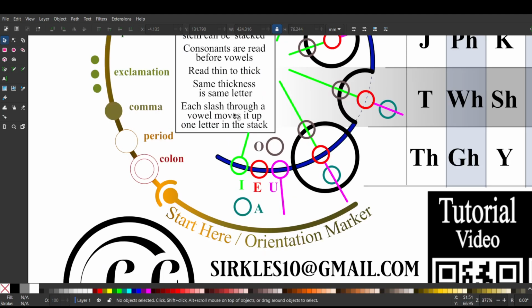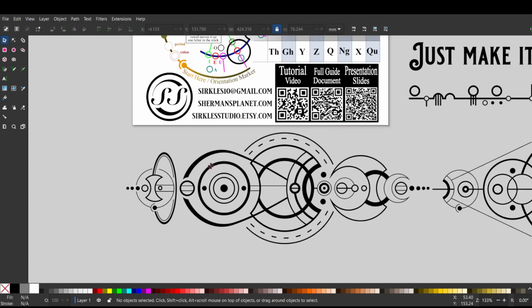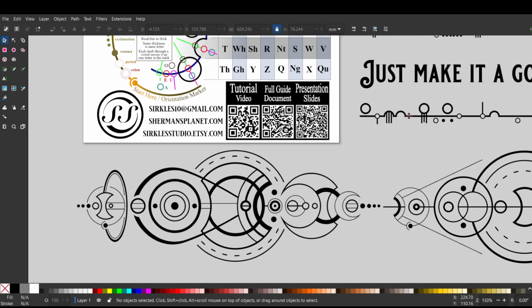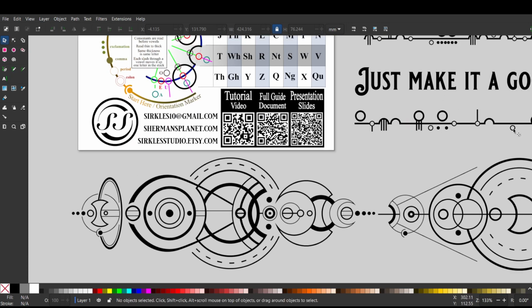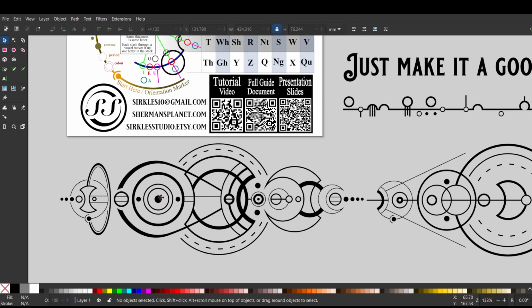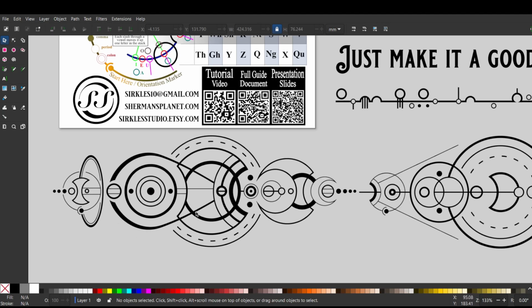And each slash through a vowel moves it up 1 letter in the stack. So we have an A outside the word circle. So there's the A in make, there's the A in and this is the A in all. And it has 2 slashes, so that means it comes before the double L, so A, and then we have the double L. And this thing's just the lines coming off of this S here.